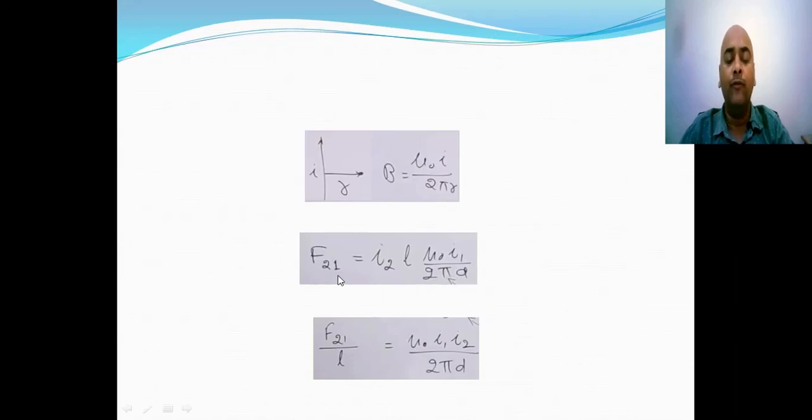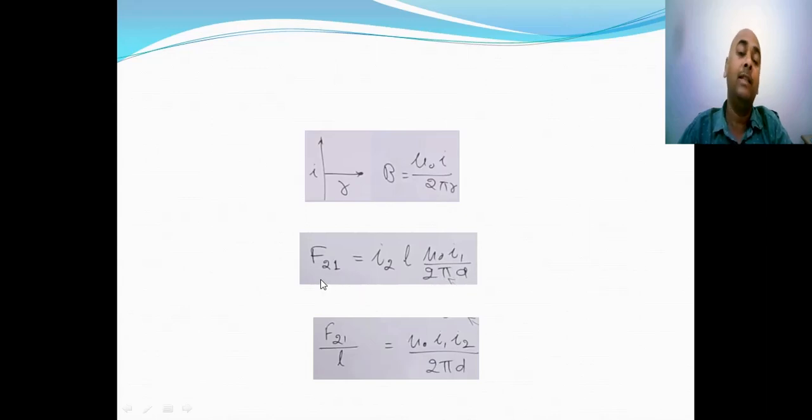So the force, which is equal to ILB, on conductor 2 in which current I2 is flowing, is I2 L B due to current I1 in conductor 1, which is mu naught I1 by 2 pi d.